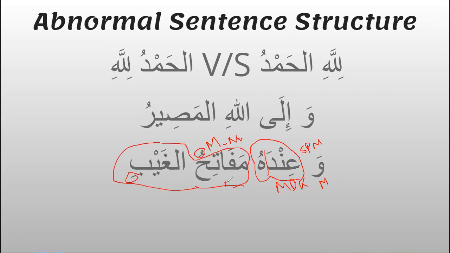This is mudaf and this is mudaf ilayh. So the whole thing is considered our mubtada. So indahu is the muta'alliq bil khabar muqaddam, and mafatihul ghaib is the mubtada muakhar.